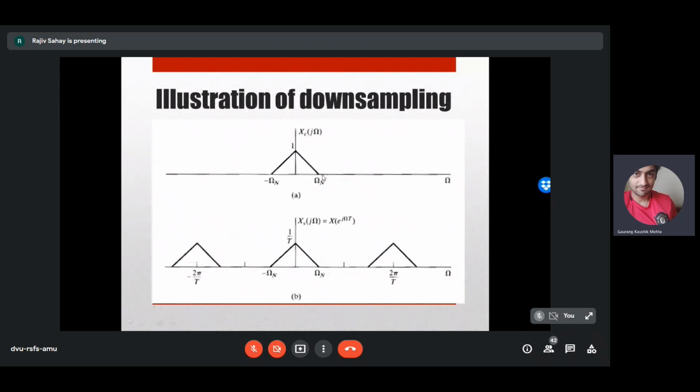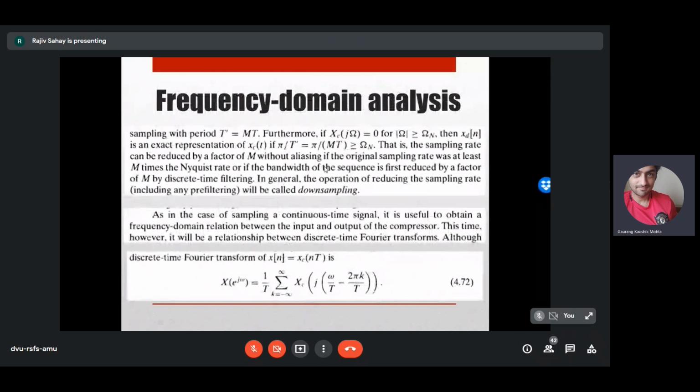It is a band limited signal from minus Ωn to Ωn. Then the decimated signal xd[n] is an exact representation of xc(t) if this statement is holding. We'll come to this a little later, but just as a precursor, I'm putting this.